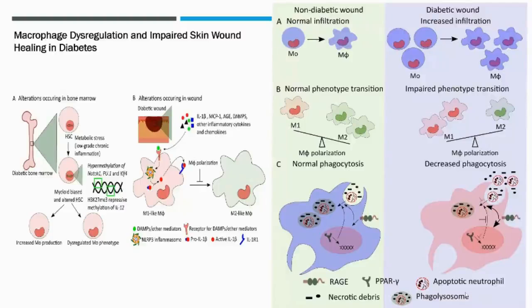For example, hypermethylation happening in various genes. For example, the Notch, KLF, and PU genes are a few of the genes that undergo methylation-related epigenetic modifications as well.